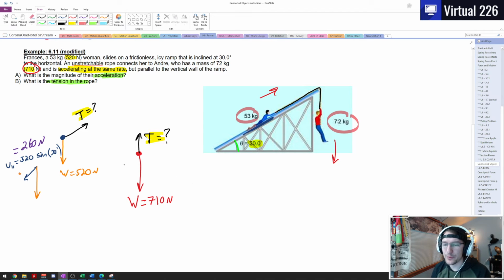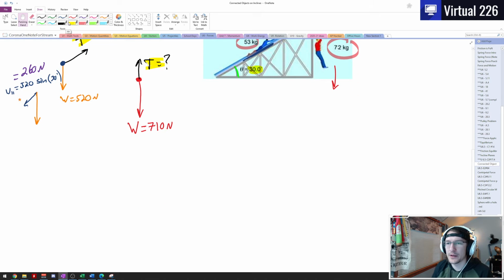So if we think about this then, for Francis, she's got a tension pulling her up. She has 260 going down the plane. And then over here, Andre's got 710 pulling down and a tension acting up. So that right there starts to give us a really good F equals ma equation.